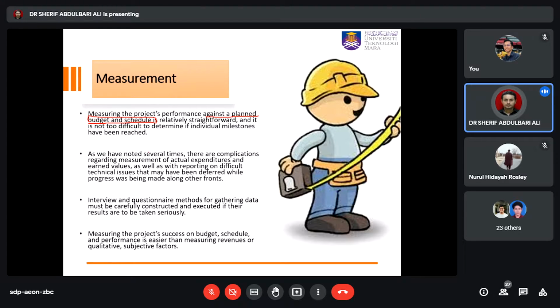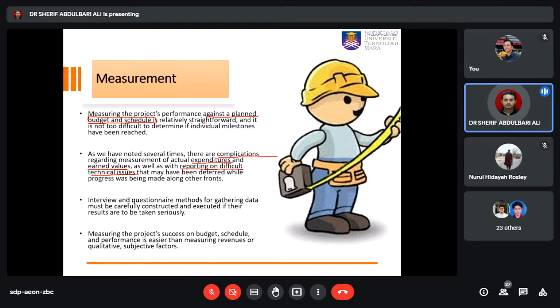And also, because we know that several times the project is not going to go the same as what we have planned, there will be some complications in the middle regarding the measurements. Of course, expenditures may not be the same as we have planned, and also you're going to see the earned values, as well as reporting on difficult technical issues you may be faced with, and you may also have been deterred while progress was being made along other fronts.